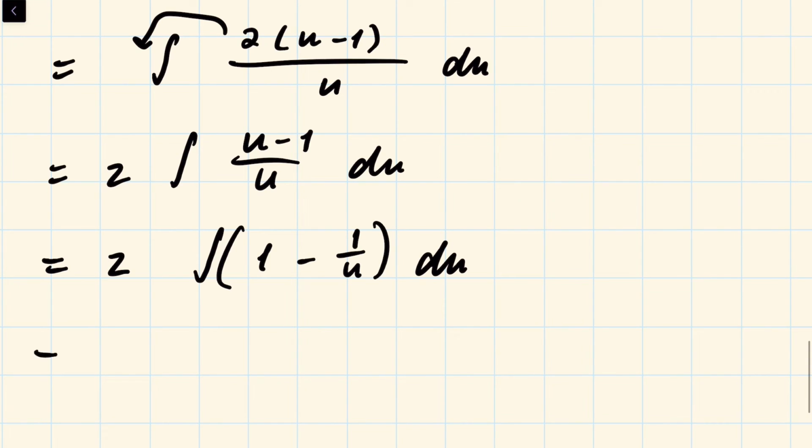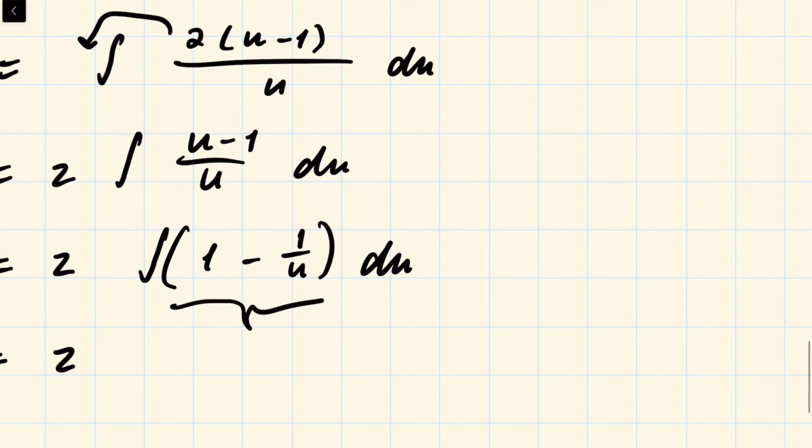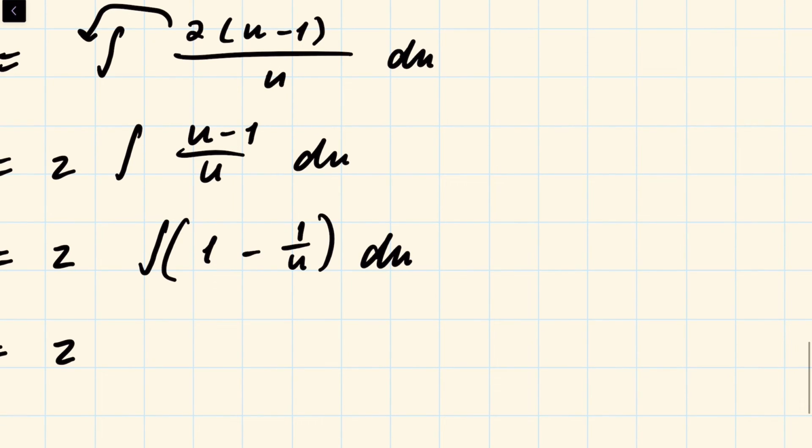And so now, let's say 2, and we can compute this now. So 1, we said, is just going to be u, or just the variable itself, right? And this 1 over u here is a little bit trickier, but it's still kind of simple. It's going to be the natural logarithm.